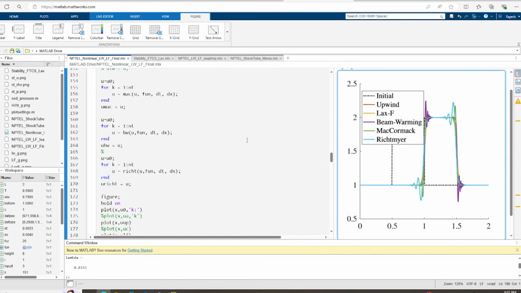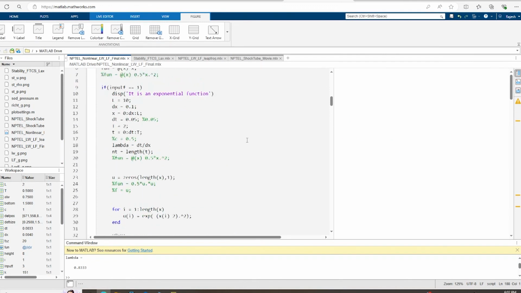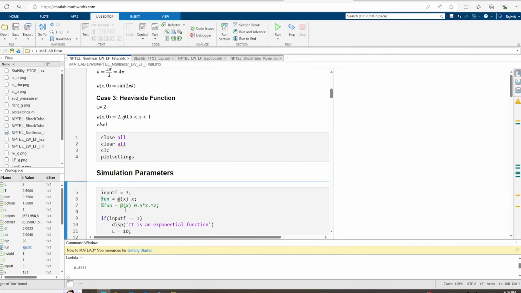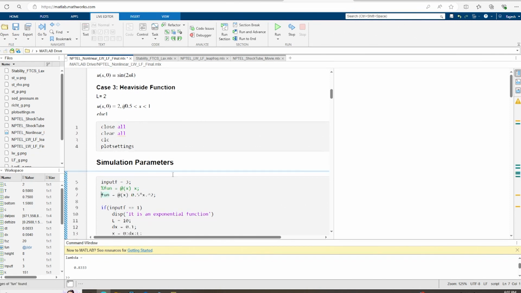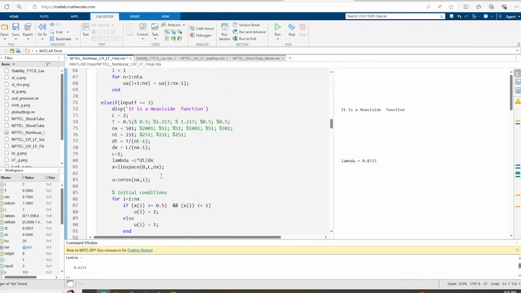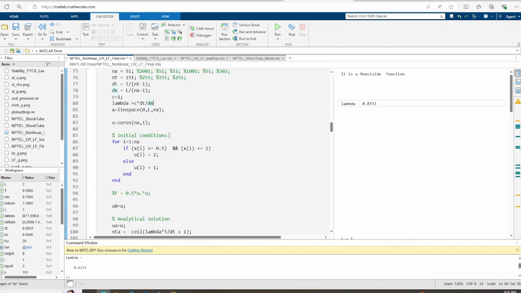Now let us try making it nonlinear. I will comment out this function and use the nonlinear one, and I will decrease the grid size to the old one, because I know that the schemes will behave very poorly when the CFL number is high.